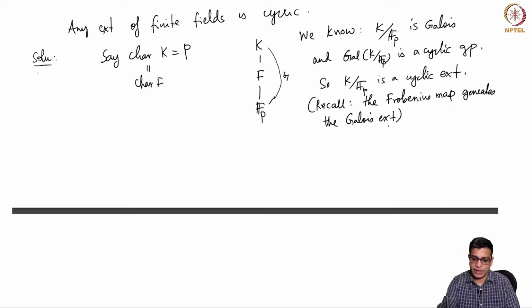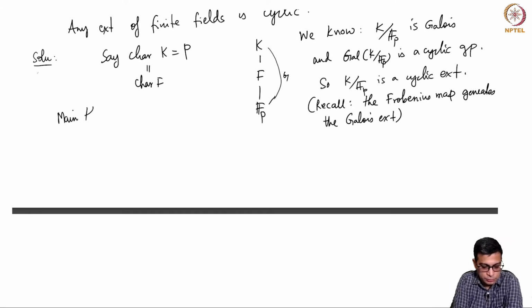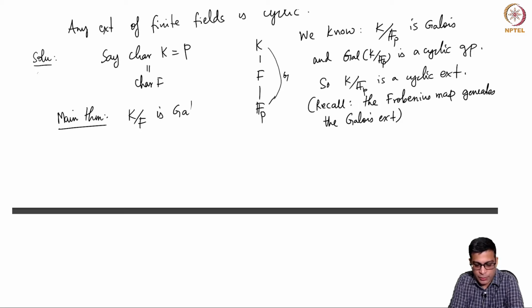That order is the degree of this field extension. Now, by the main theorem, this is not the main theorem. I mean, K over F being Galois is actually not the main theorem. That is just a standard fact about Galois extensions because they are supposed to be normal and separable.